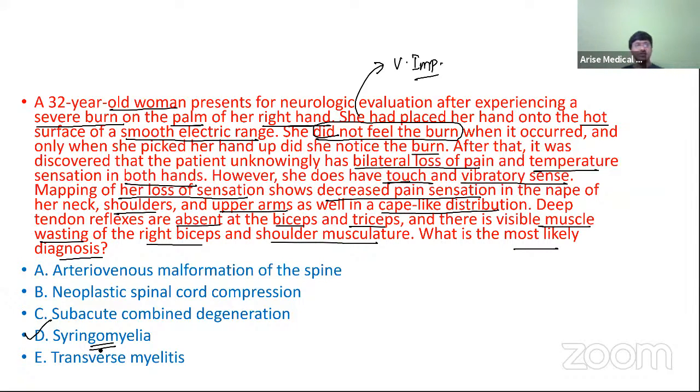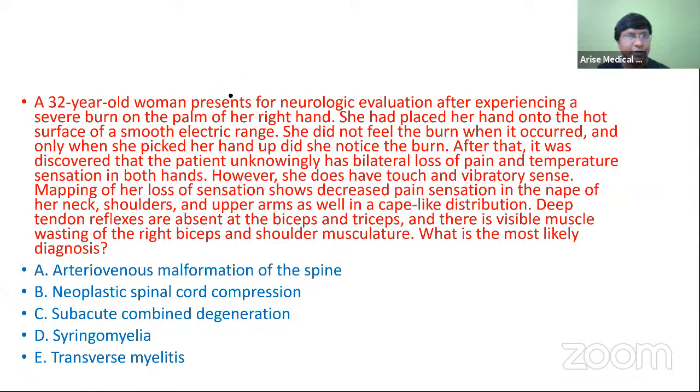So what is the complaint of this woman? The complaint of this woman is that she burnt her hand, but she did not feel the pain.